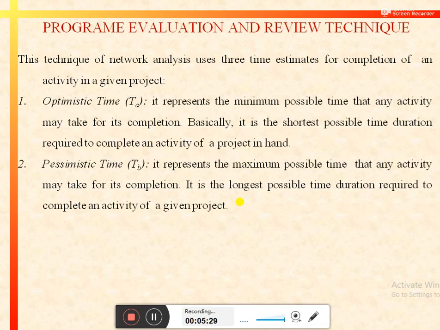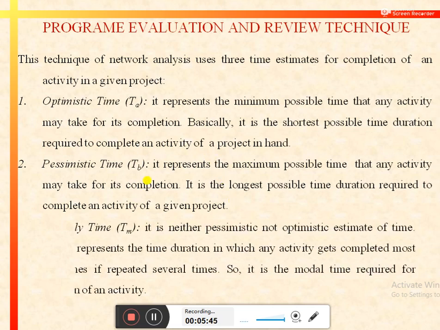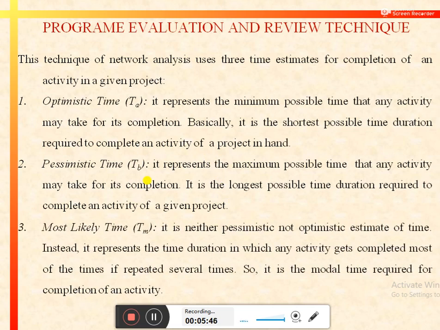So these two time estimates represent the two extreme points when it comes to decision making in project management. So there should be a midway between optimistic time and pessimistic time, that is known as most likely time. It is neither a pessimistic nor an optimistic estimate of time.